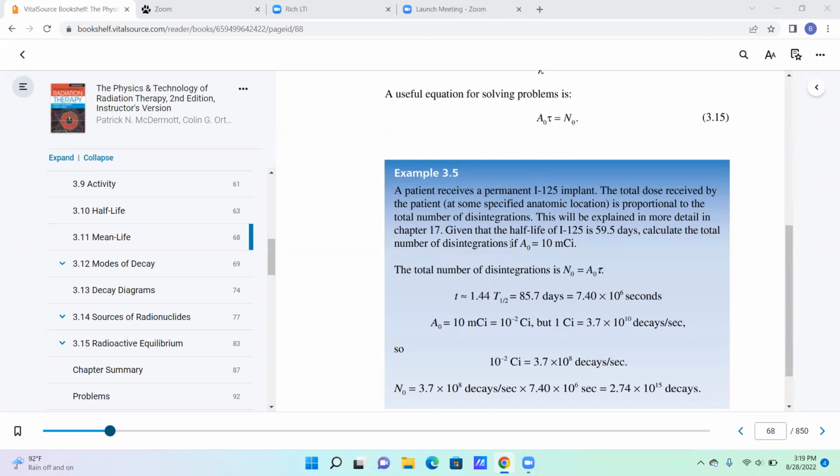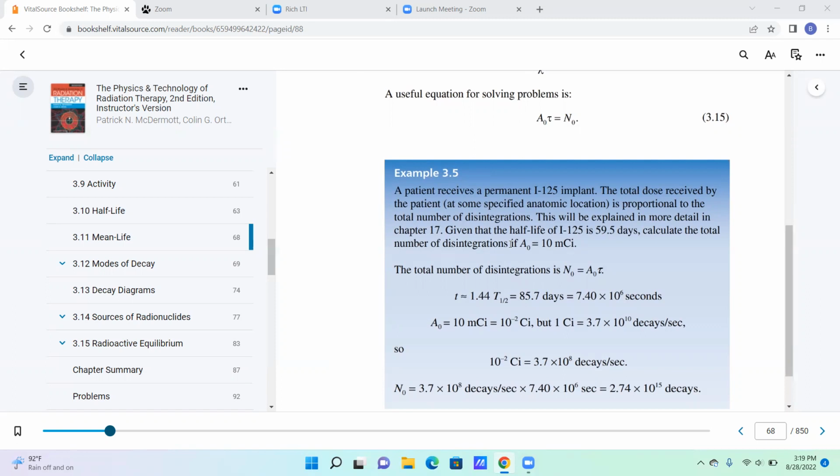So we know it's 7.4 times 10 to the 6 seconds. We know what the initial activity is. And we know that 1 curie is equal to 3.7 times 10 to the 10th decays per second. We know that 10 to the minus 2 curies is 3.7 times 10 to the 8th decays per second.